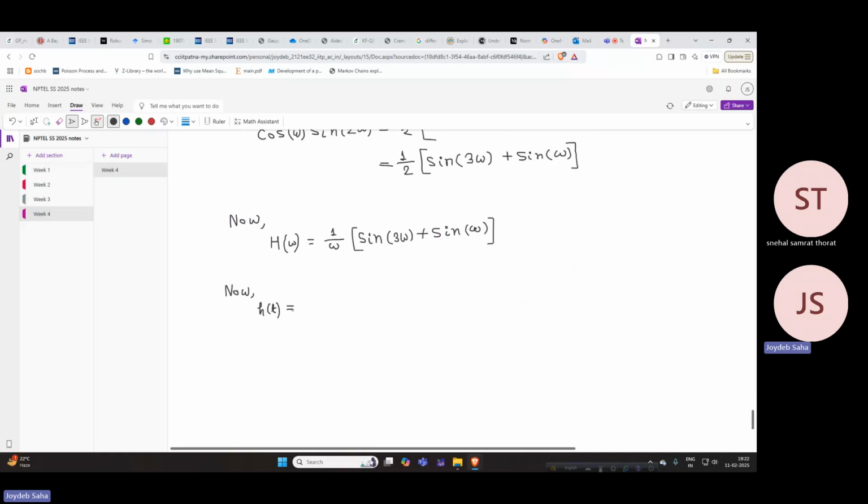Small ht is 1 upon 2 pi, integral from minus infinity to plus infinity, h omega e to the power j omega t, d omega. Fine.